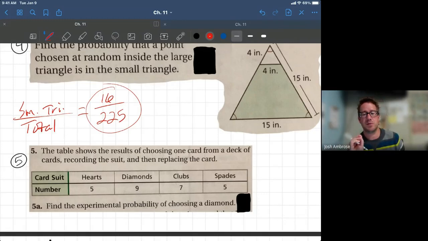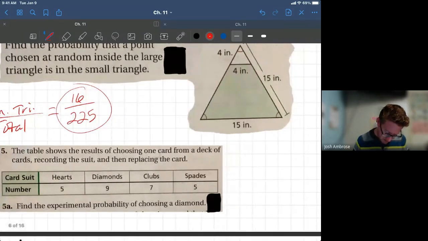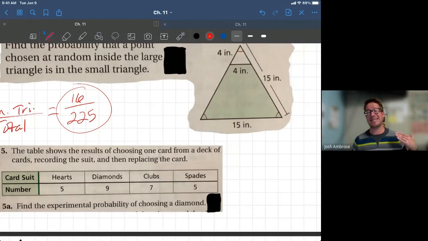Find the experimental probability of choosing a diamond. Simple enough. Choosing a diamond, that's going to be easy enough, right? Because they tell us how many diamonds they picked. They picked 9 diamonds. That was what they picked.